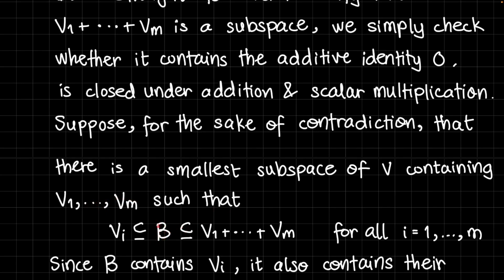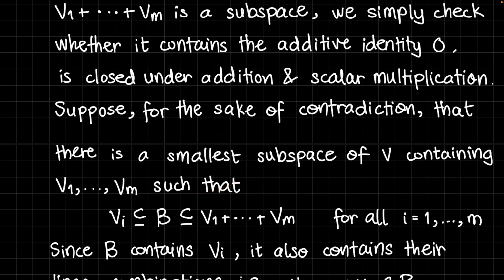Let's call that B. So our set of inclusions go like: Vi, for all i in 1 through m, any one subspace we had at the beginning, is a subset of B, which we're calling the smallest subspace of V that contains V1 through Vm. This is what we assume for the sake of contradiction, and since that's the smallest, B is a subset of V1 plus dot dot dot plus Vm.